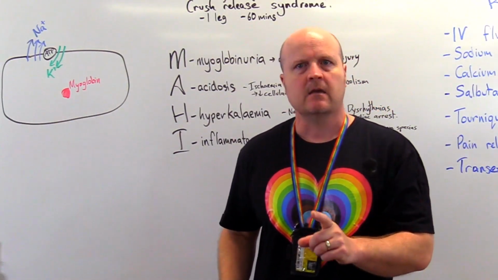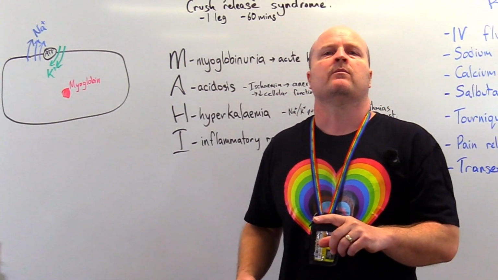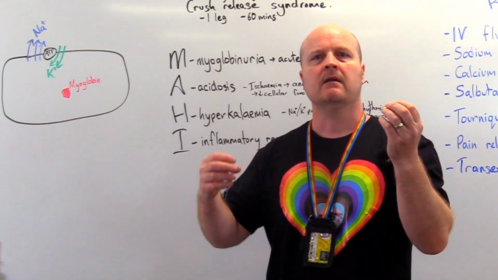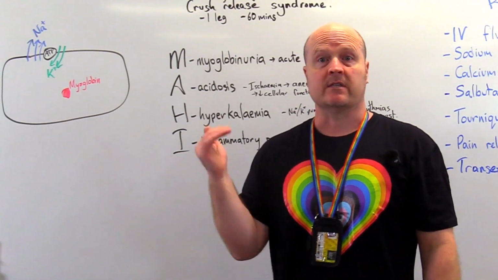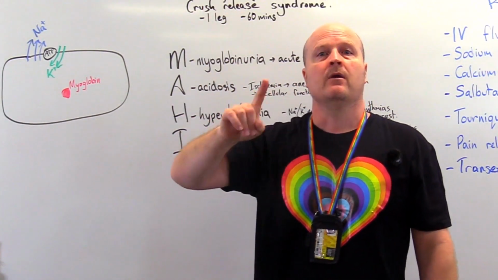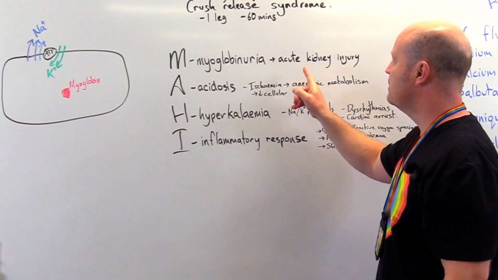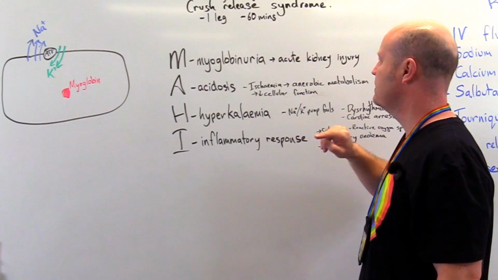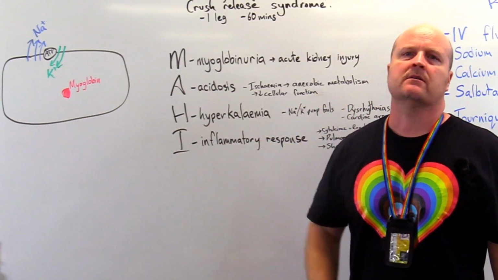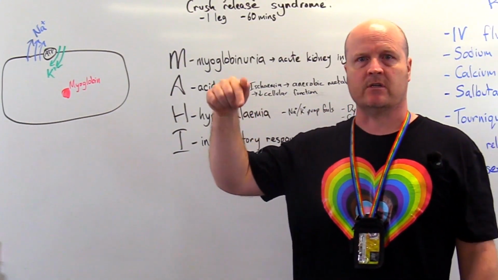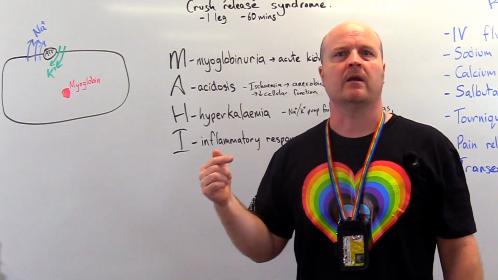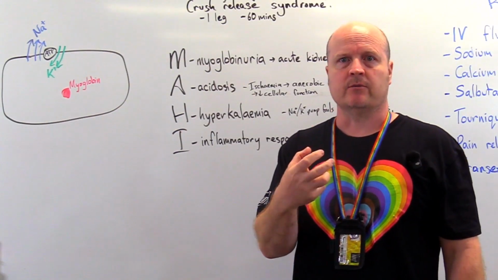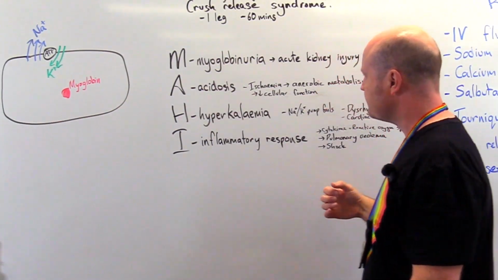The problem with this is anaerobic metabolism generates lactic acid, which then breaks apart into lactate and hydrogen. So our acidity skyrockets, which means our acute kidney injury is potentially going to be worse with that acidity. Also, acidosis is going to decrease cellular function everywhere. We don't like it when our pH changes, especially our cardiac tissue. It's not going to be happy.